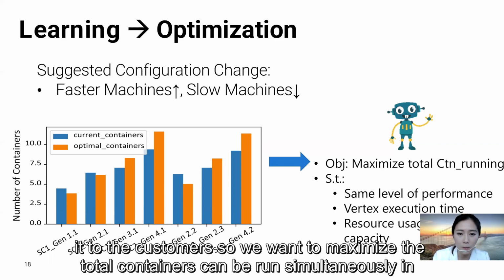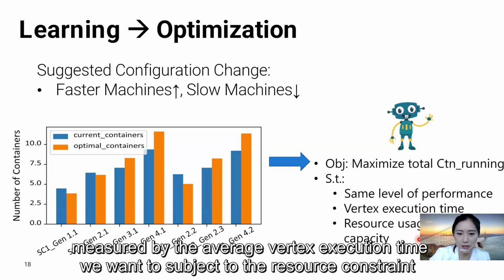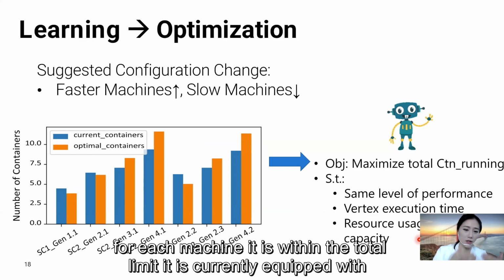So we want to maximize the total containers that can be run simultaneously in the cluster, which is the token that we sell, subject to the same level of performance measured by the average vertex execution time, and subject to the resource constraint for each machine, that it is within the total limit it is currently equipped with.